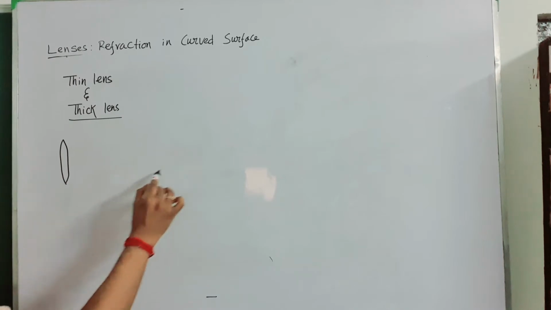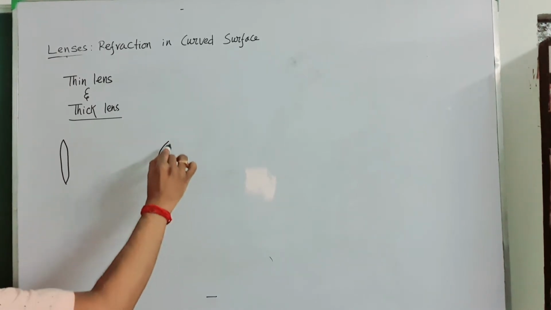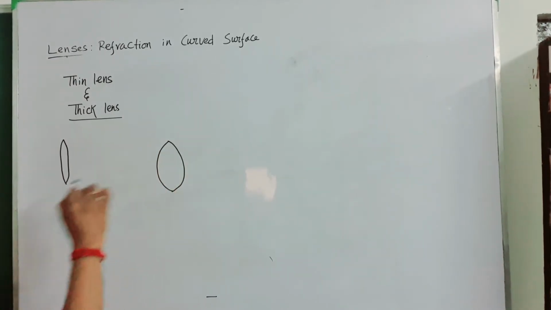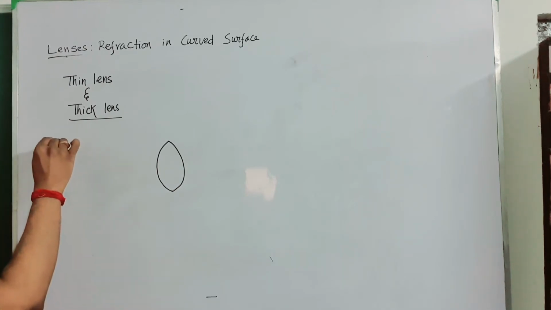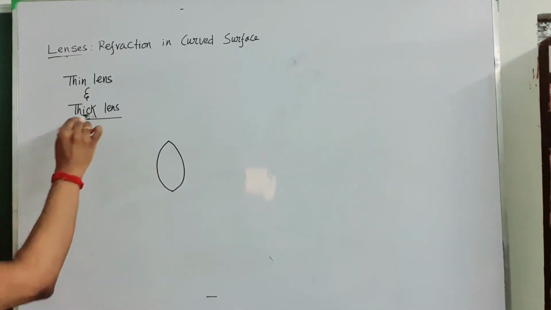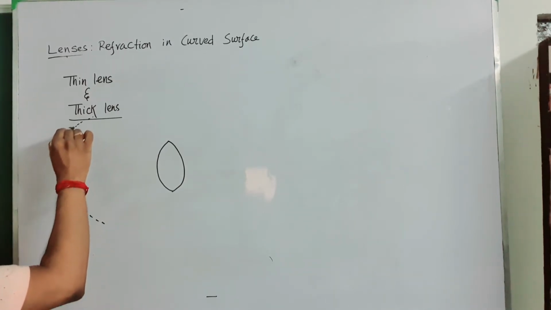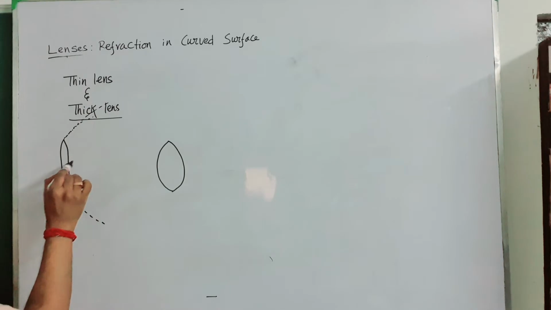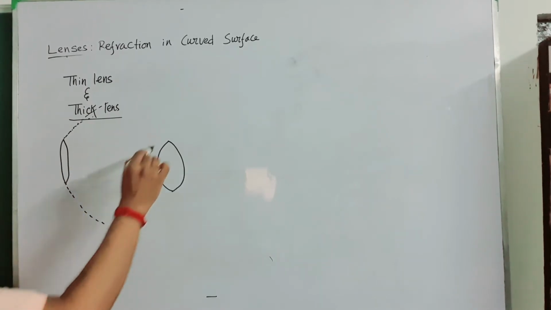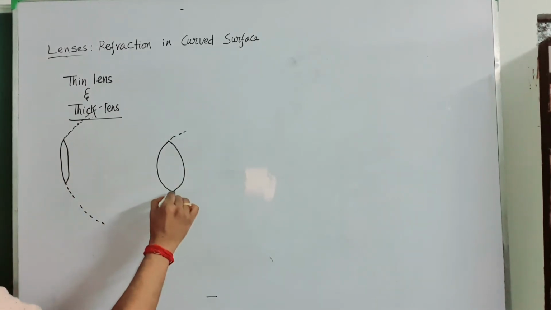Now I will be talking about a thick lens, so this will be a thick lens, right? Now if I try to find out the sphere out of which these curves are made, then the sphere of this thin lens will be much bigger than that of the thick lens, right?